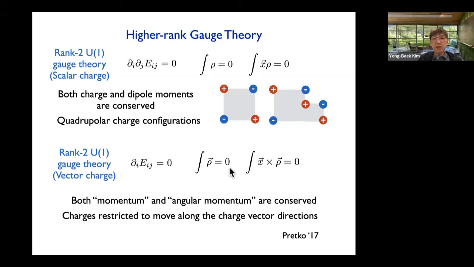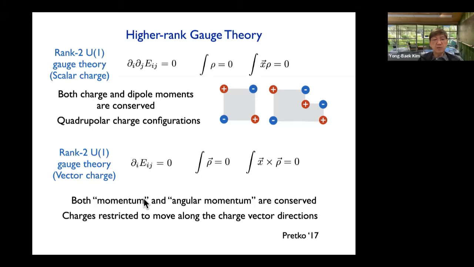Now for the vector theory, again the total vector charge has to be conserved. Then it turns out that x cross rho, that object, also has to be conserved. If you think about this as momentum, this is like angular momentum, even though rho is not really momentum but a charge vector. That's the analogy.